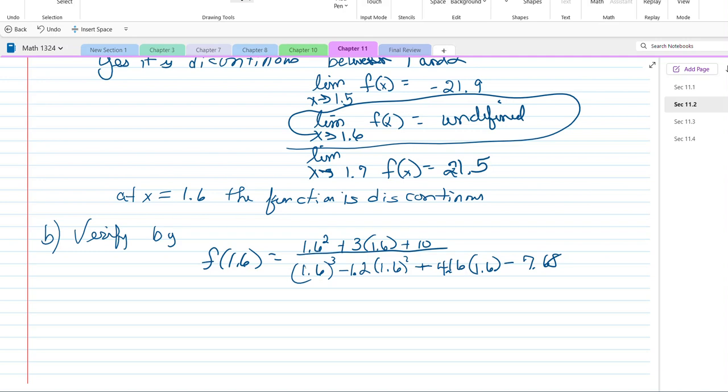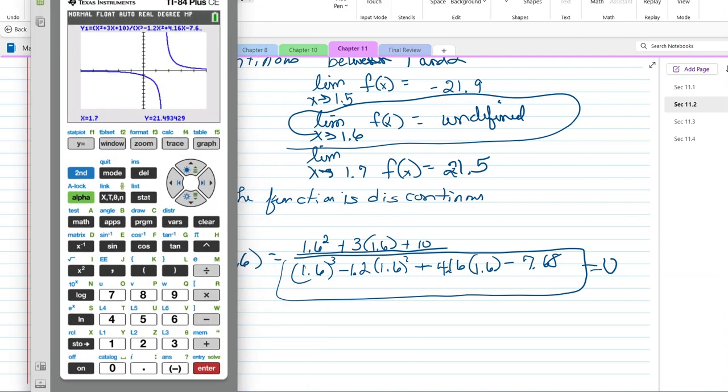So all we really have to enter in the calculator is that this must equal 0. If we put the whole thing in, it's a lot of math. So we're going to put in the denominator. If it equals 0, then we know we have an asymptote.